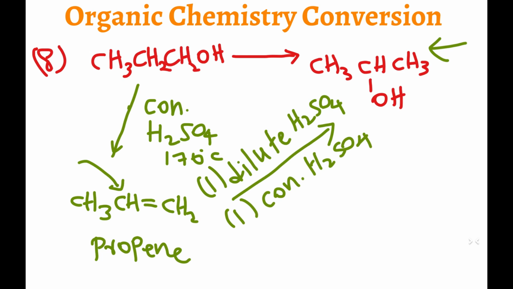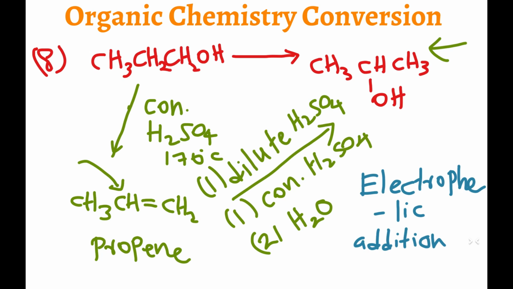After adding concentrated sulfuric acid, we have to use H2O. Then this reaction becomes an electrophilic addition reaction. An electrophile is hydrogen plus.